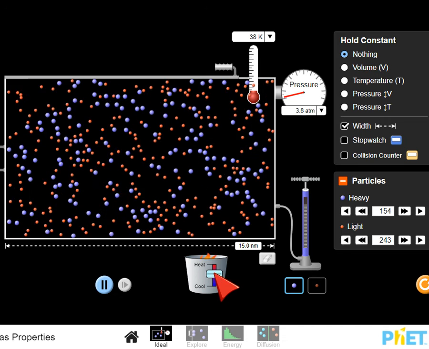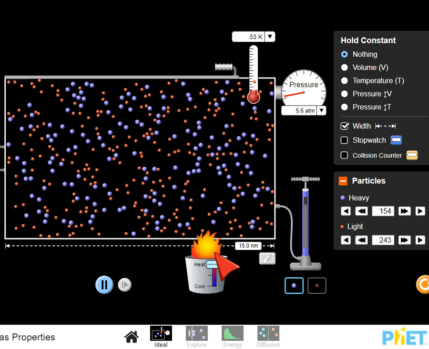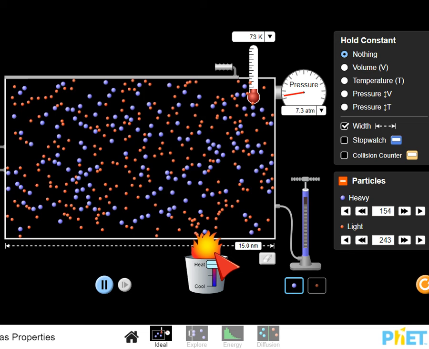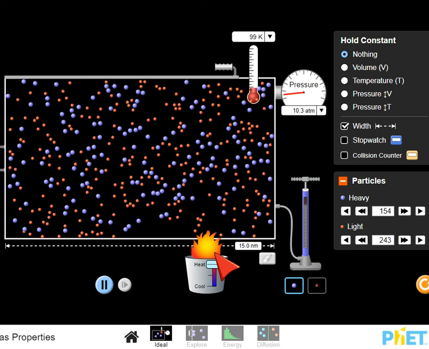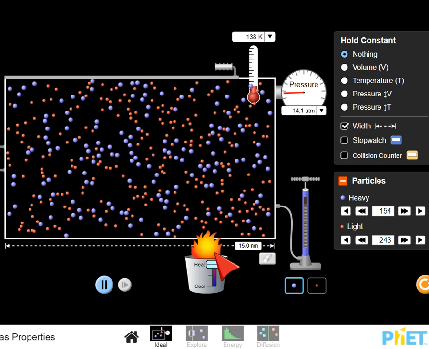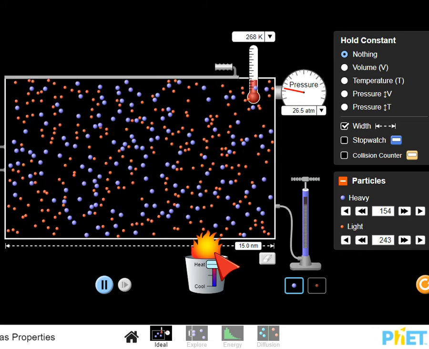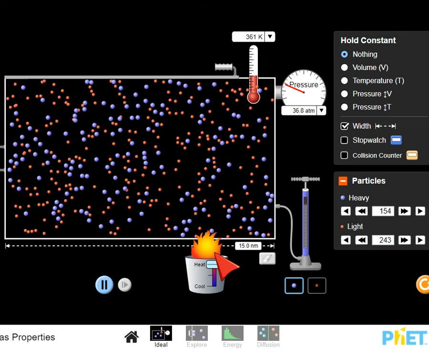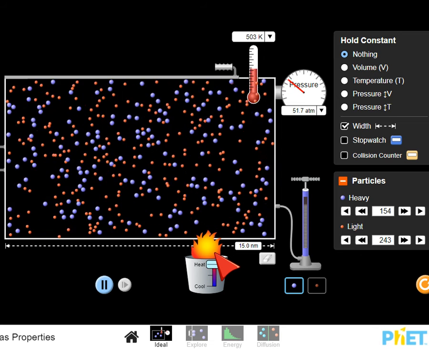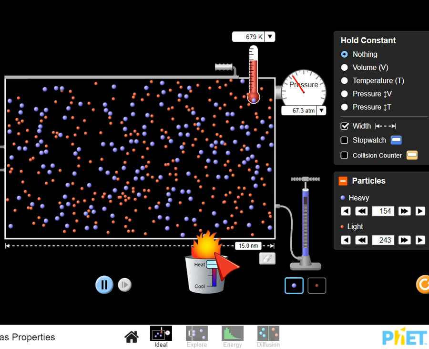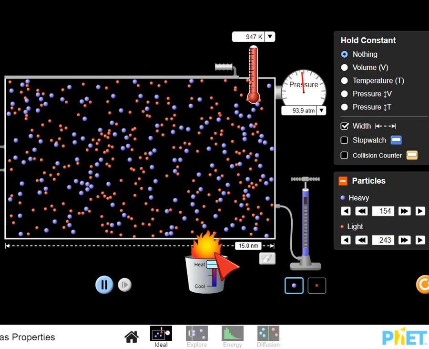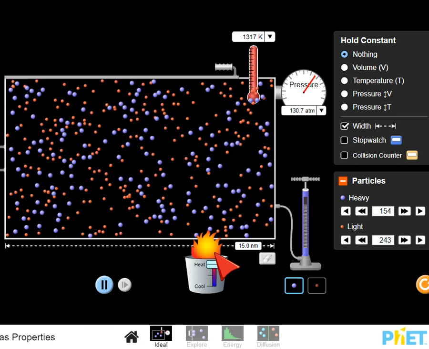So let's see that again. If we add heat, what are the particles doing? They're speeding up. They're moving faster. So then it says, write a description for a gas based on your observations.